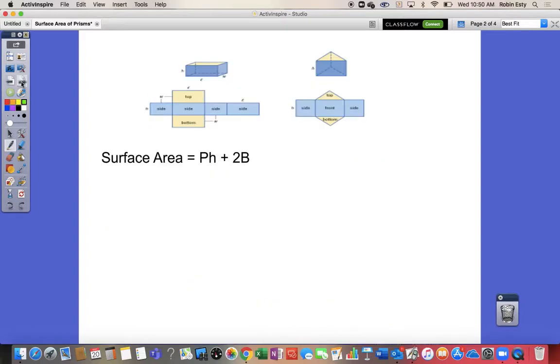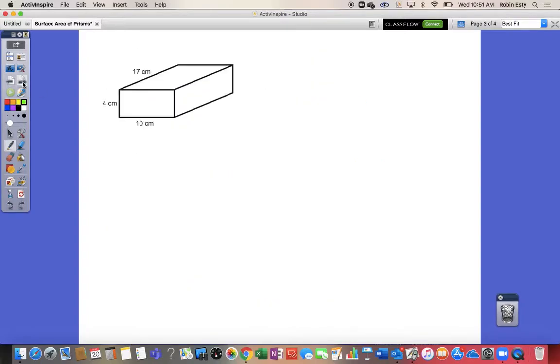Okay, so here's a picture of a rectangular prism. So surface area equals lateral area plus 2 times the bases. Well, I'm going to talk about the lateral area, and remember, lateral area is perimeter times the height.